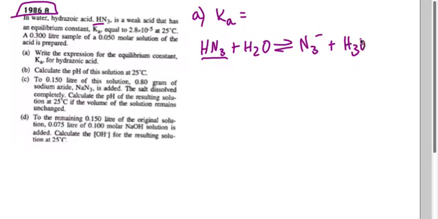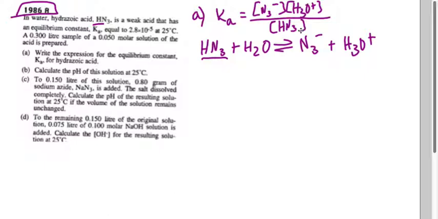Plus H3O plus, good. Okay, so now from that, I can write my expression. What is my expression? N3 minus times H3O plus over HN3 azide, all my concentrations.